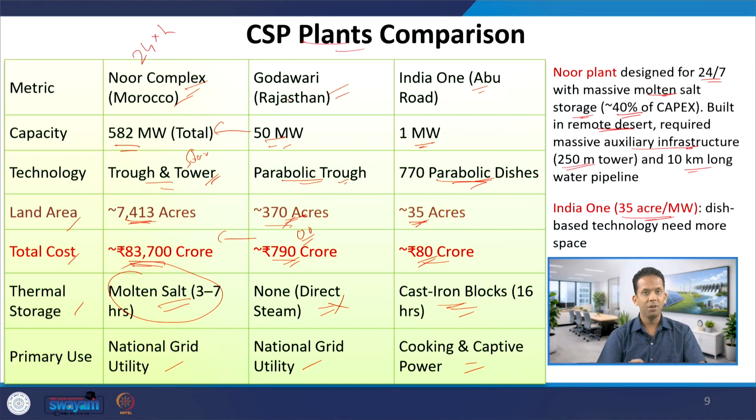Why such small area? This is because the parabolic trough needs much smaller area than the parabolic dishes, which need to be kept separately. So dish based technology needs more space, and that's why the area and cost will depend on the choice of technology as well as the type of thermal energy storage systems that we have in the CSP plants. So hope that clarifies the difference between different types of plants.